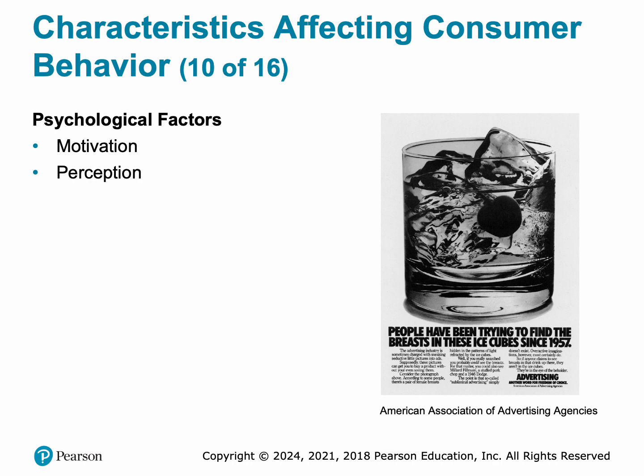Perception is the process by which people select, organize, or interpret information to form a meaningful picture of the world. And learning is changes in an individual's behavior arising from experience. And beliefs and attitudes are difficult to change. I mean, you just have to think about it that way.